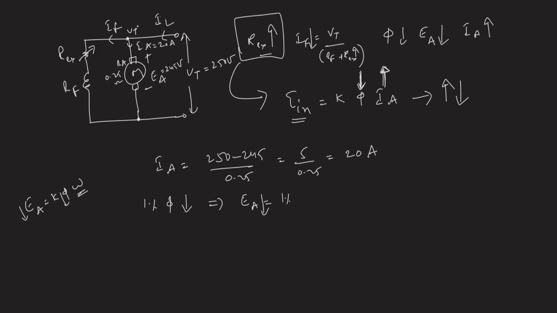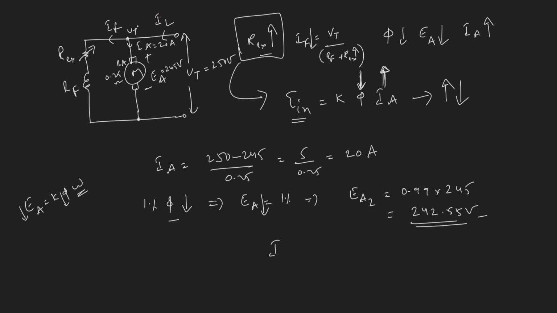That implies new EA, let me say EA2, is equal to 0.99 of the earlier one, 245 into 0.99, which comes to 242.55 volts. This is the new EA. With the reduction in flux, EA is reduced to this value.